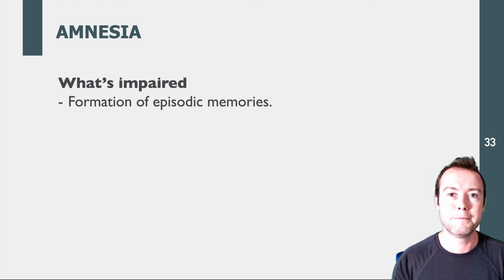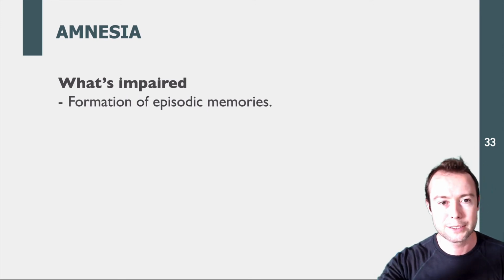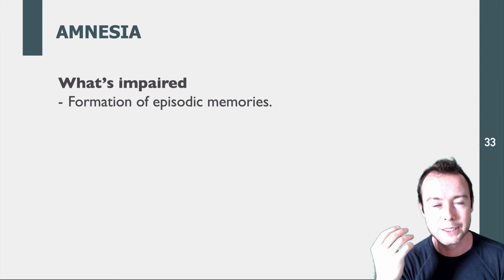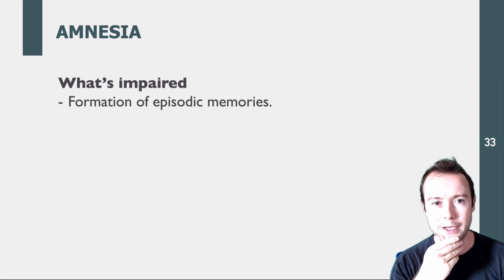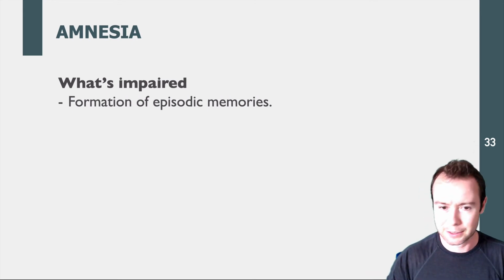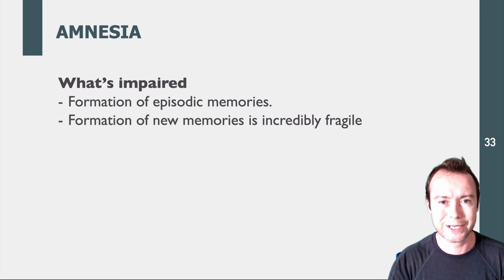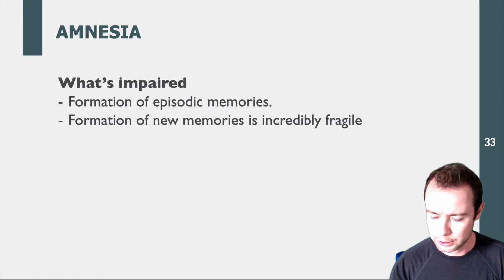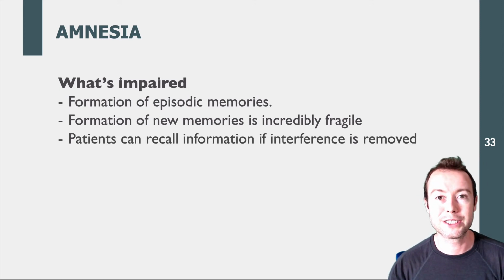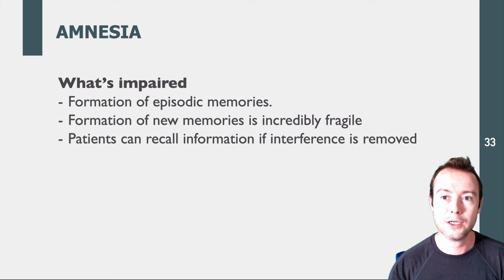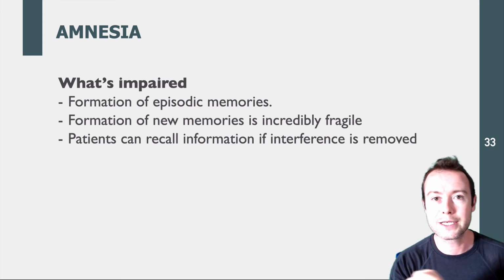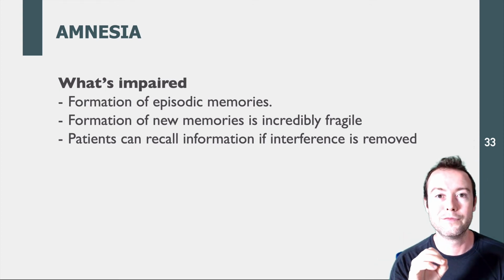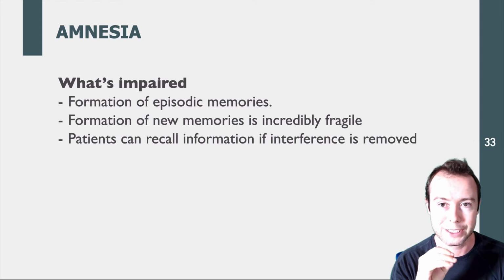In other words, whatever memories they're currently holding in short-term memory and trying to transfer into a more permanent, stable long-term memory just seem to get disrupted very quickly. One way that you can see this is if you give amnesic patients the opportunity to remove any interference, then they can be capable of retaining information longer than you would expect.